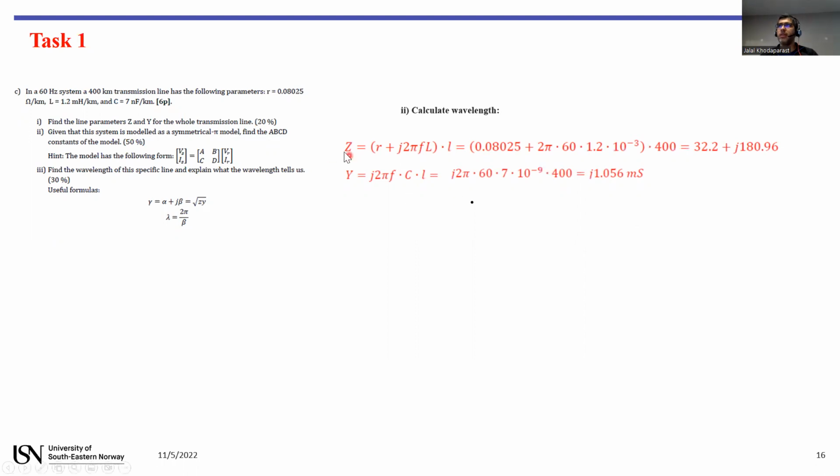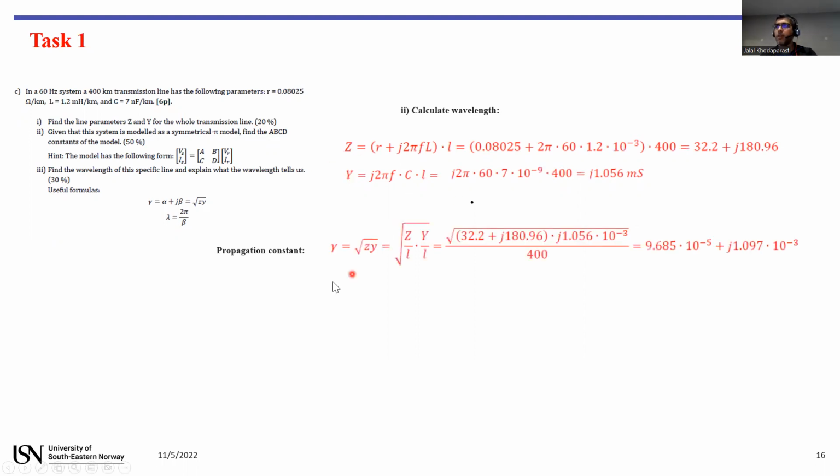Previously, we calculated impedance and admittance. However, we know that gamma is the root of small z times small y, that is impedance and admittance per length. It means that these values should be divided by the length of the transmission line, and then you can calculate gamma based on this formula.